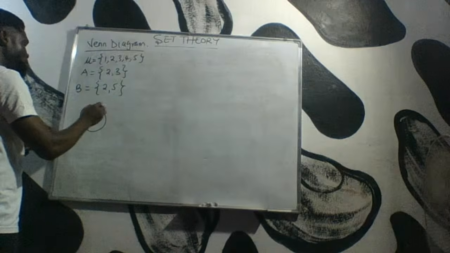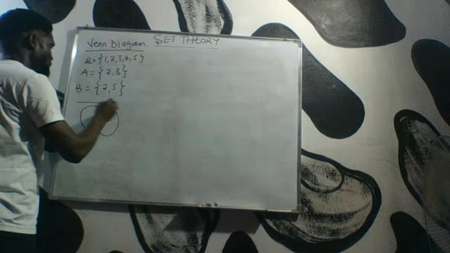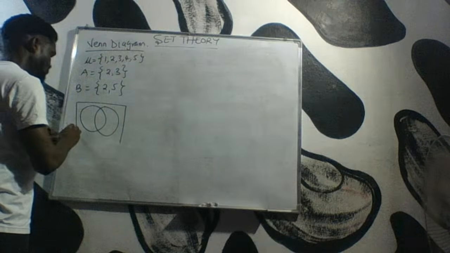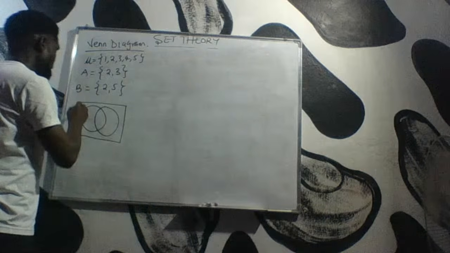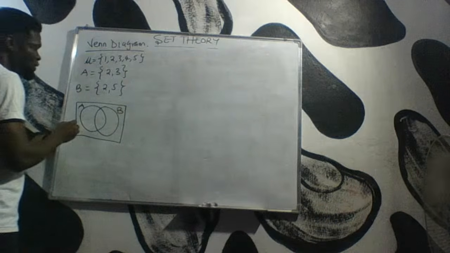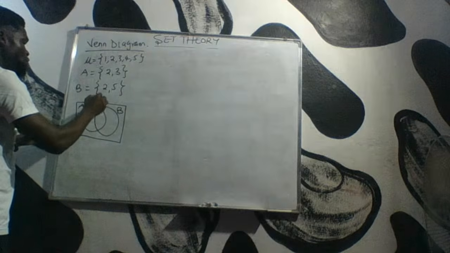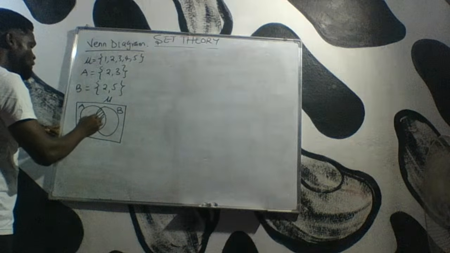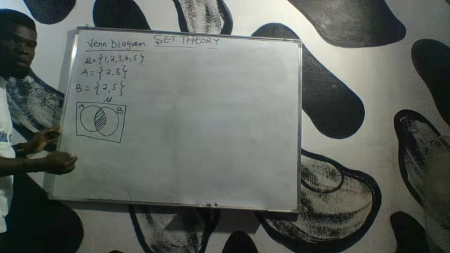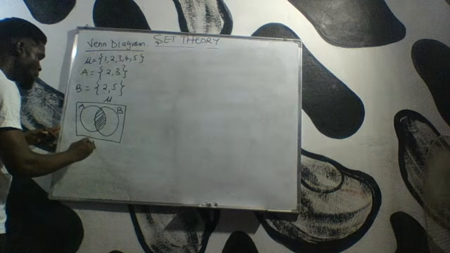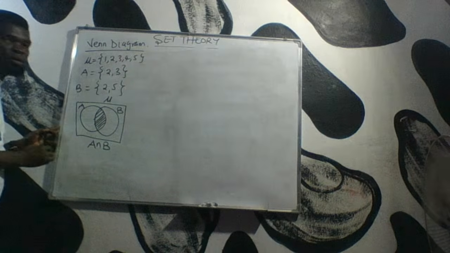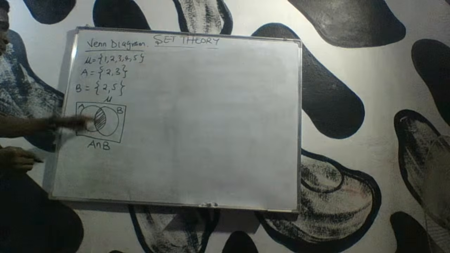This is set A and this is set B. Then this shaded region, that's the universal set. The shaded region here represents intersection. So that means that this is A intersection B. The shaded region, that's what we're interested in.